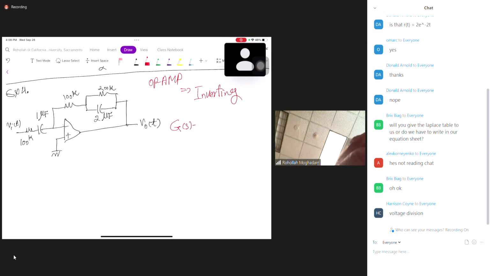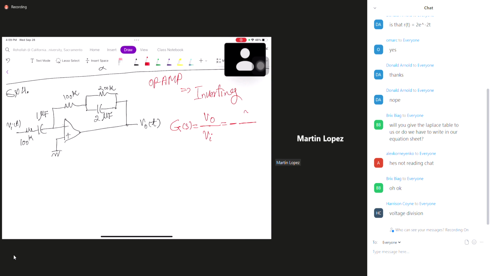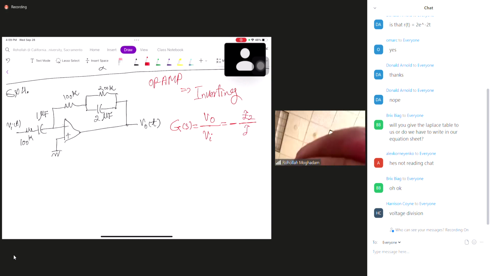Because you know that for this, what is the transfer function of the inverting op amp? Z2 over Z1. Perfect. That is Z2 over Z1.